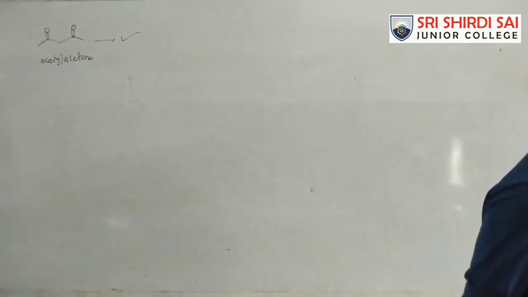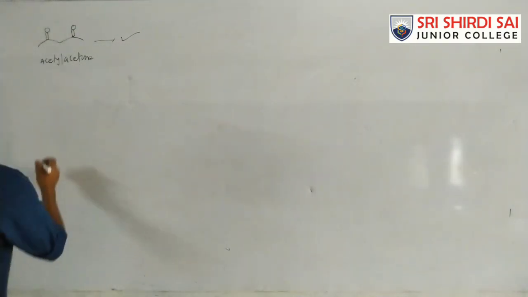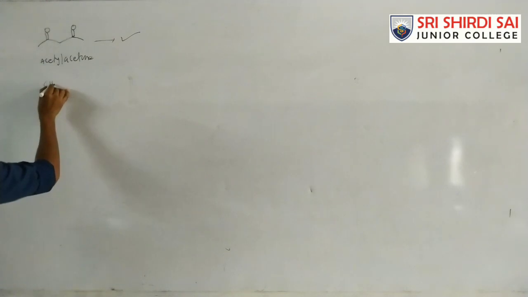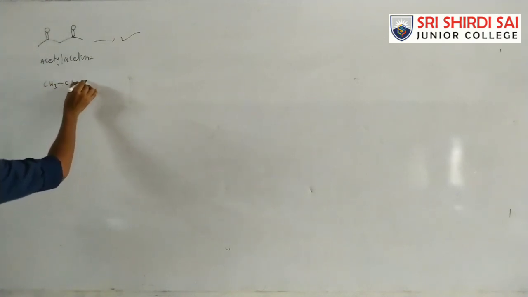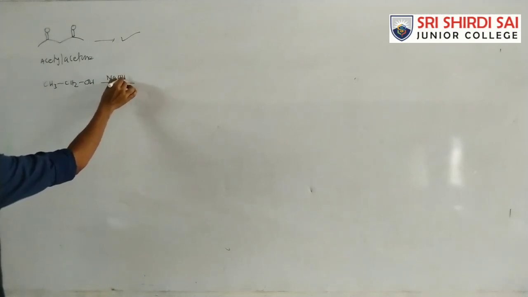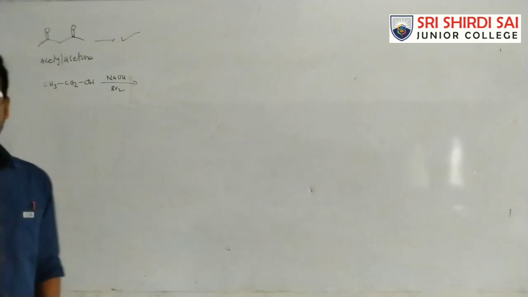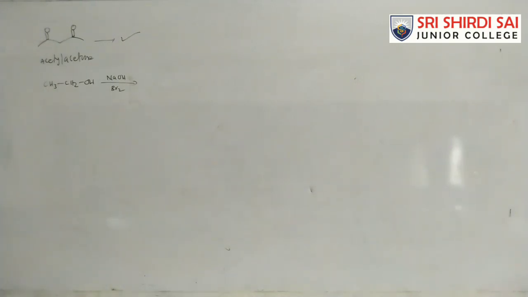And next, among the alcohols, suppose here I am taking ethyl alcohol and treating with NaOH plus Br2.